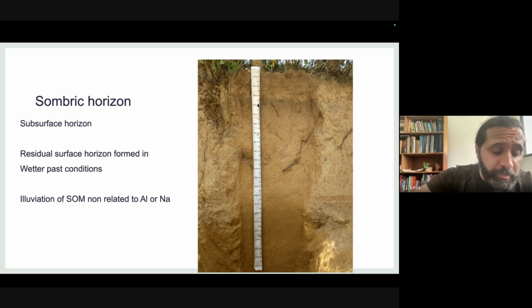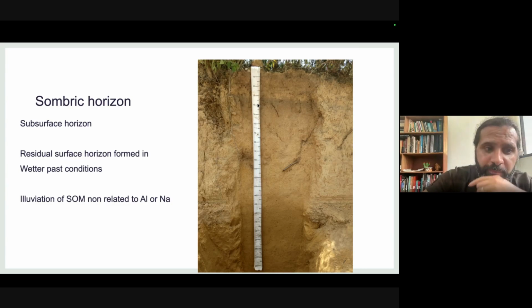Okay. The sunbreak horizon is not very well understood until now. We still have some studies that are trying to explain its formation. And for now, we have two big theories that try to explain the genesis of sunbreak horizons.